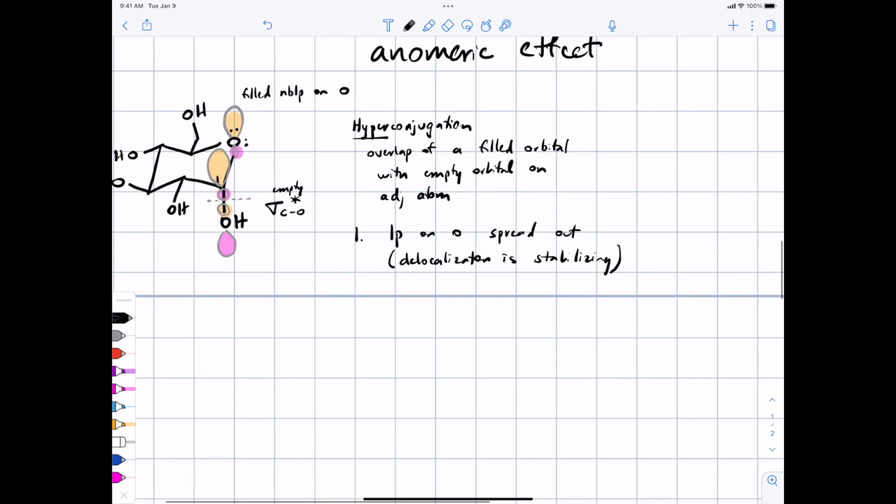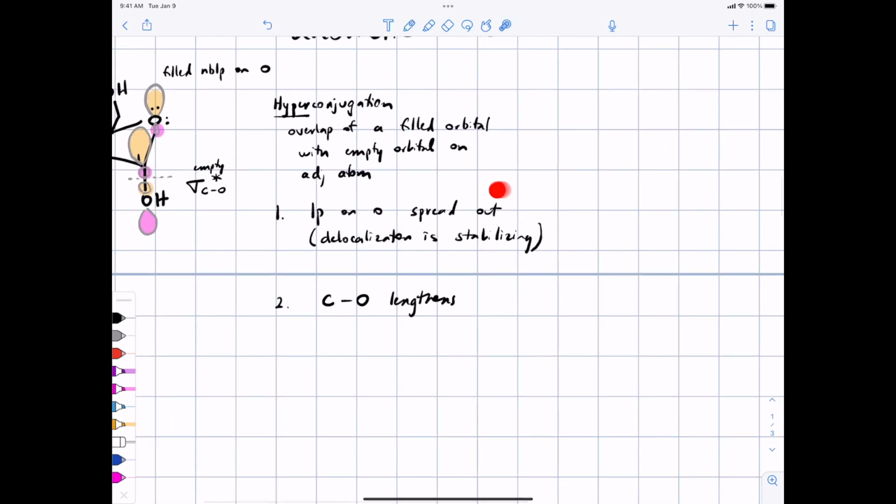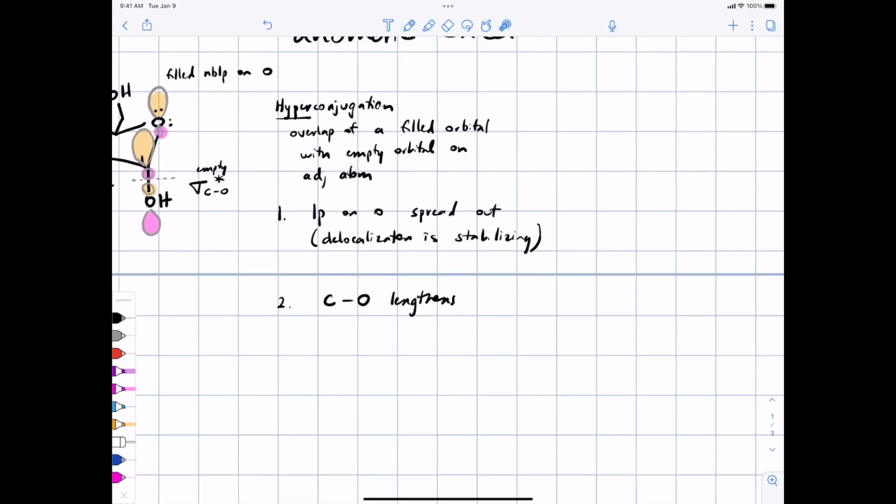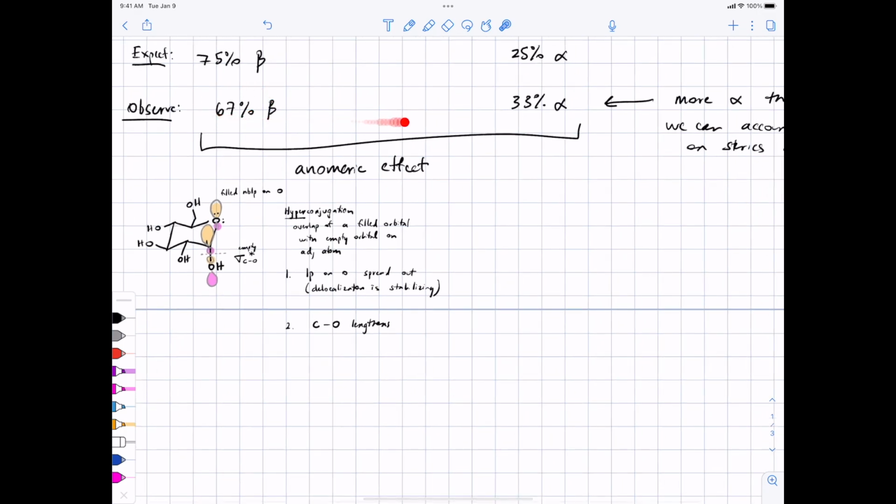A couple other consequences. You might imagine if I partially delocalize electron density into the sigma star, that bond between carbon and oxygen gets a little bit longer. And that's true. And both of those things work towards this observation of having more alpha anomer than expected.